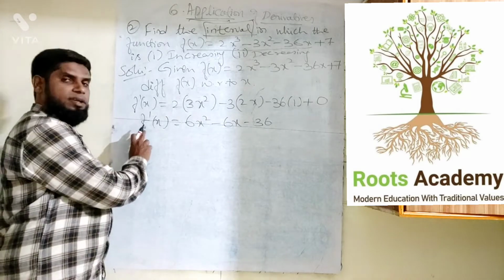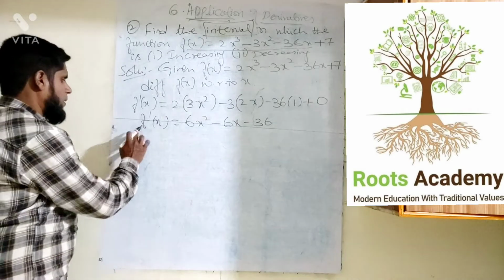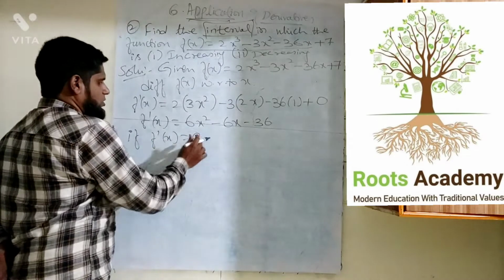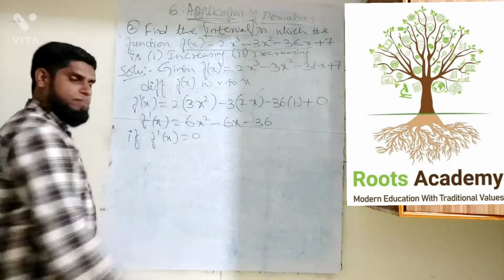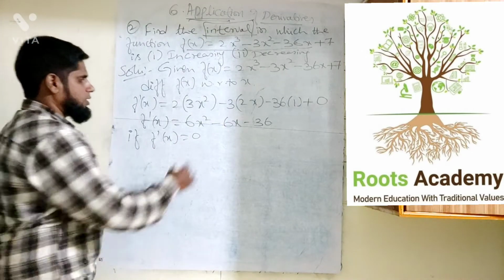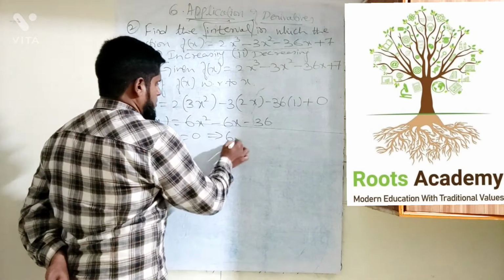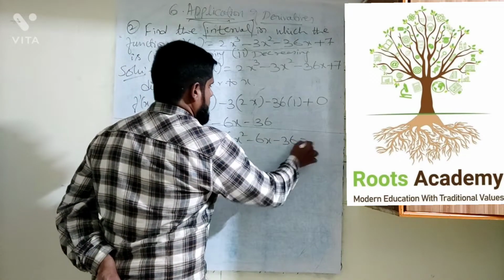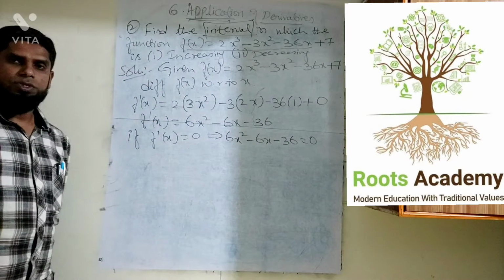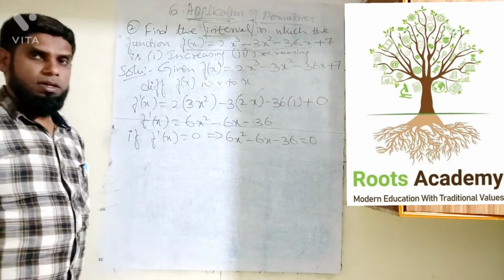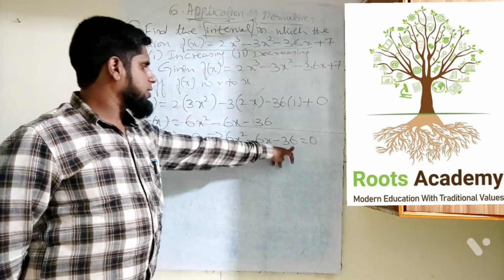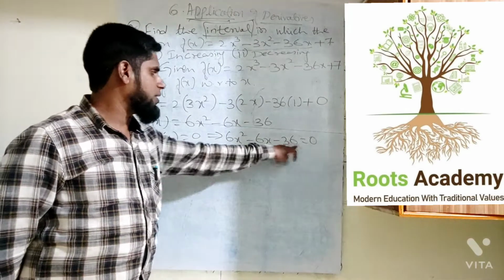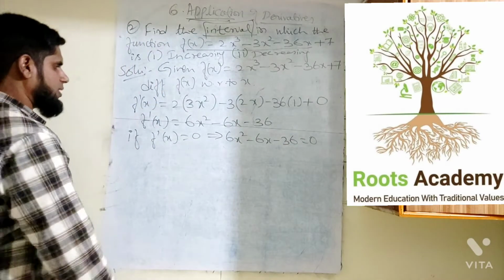So now I should take f dash of x as 0. If f dash of x is equal to 0, then this gives 6x square minus 6x minus 36 is equal to 0. Since these three terms are divisible by 6, I can take 6 common here, or I can divide by 6.